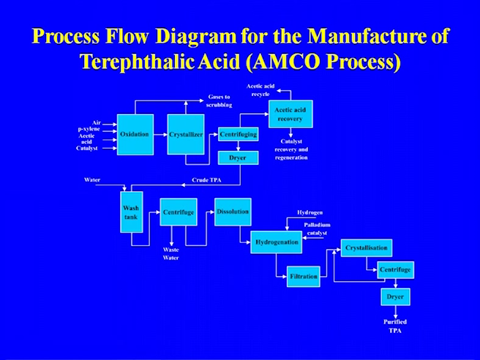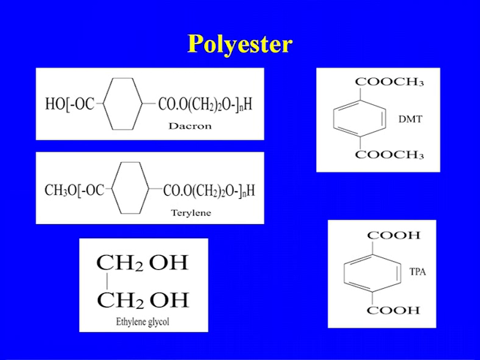So, this part is for the removal of the impurities which are present. And this is for the separation, from here it goes for recovery of the acetic acid that is present in the reaction.